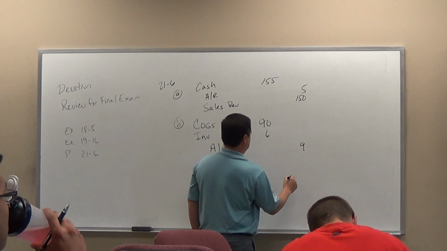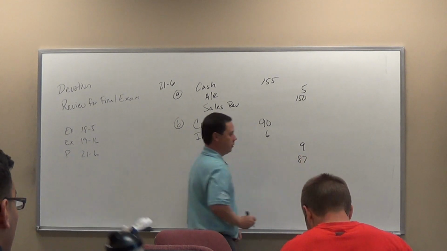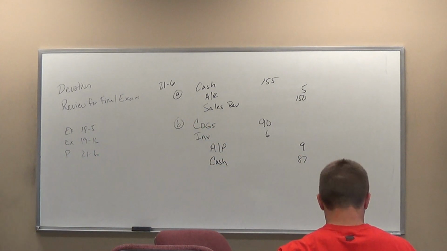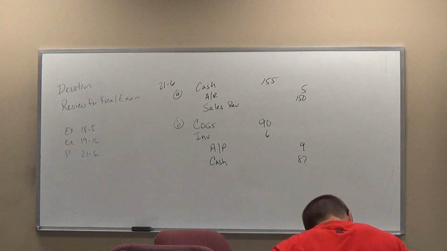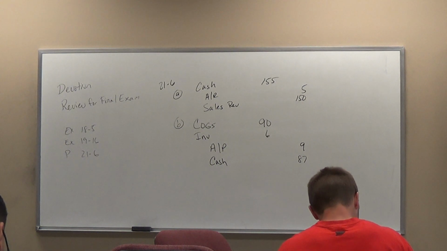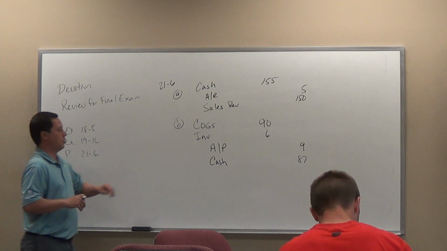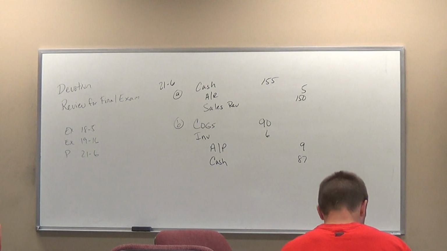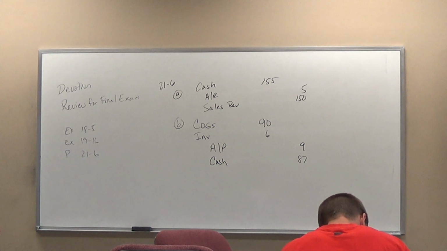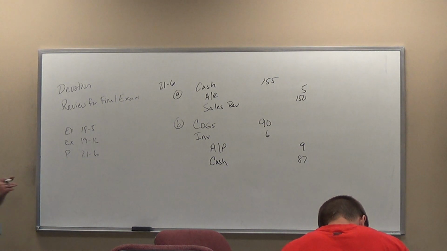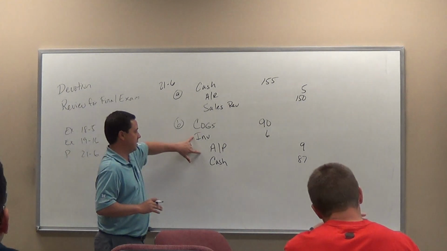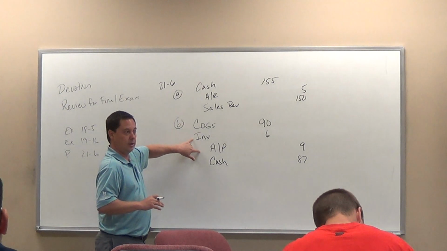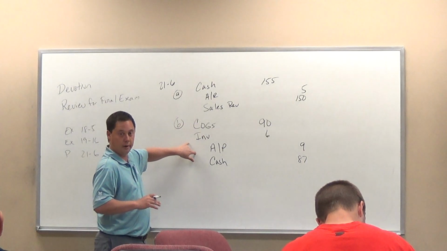So that would be 87. So questions how I came up with these two at all? So remember, when you look at the cost of goods sold, write that down, put it on your note card, that what it affects is here inventory and accounts payable. You've got to take a look at both of those areas there.